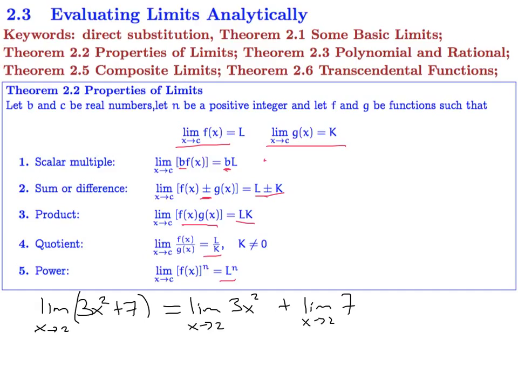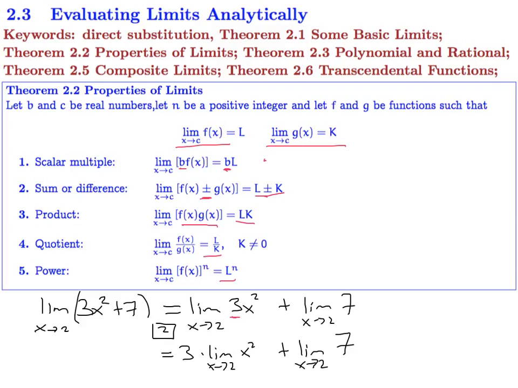So this is using property number 2, that I can break the limit up. Next I look and see what else I can do here. Well, this 3 is just a constant, and property number 1 says that I can move constants out. So this is going to be equal to 3 times the limit as x approaches 2 of x squared plus the limit as x approaches 2 of 7.